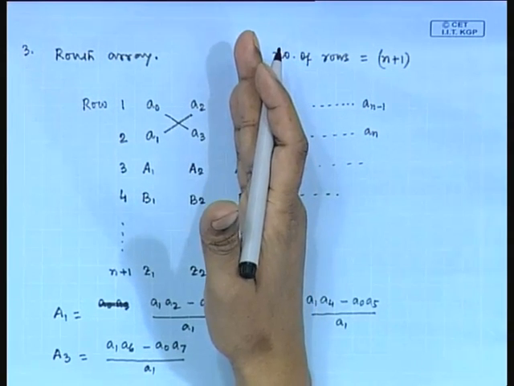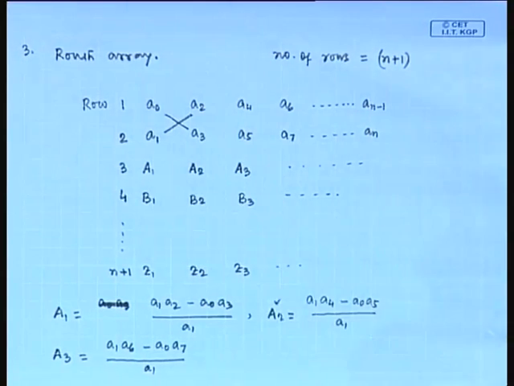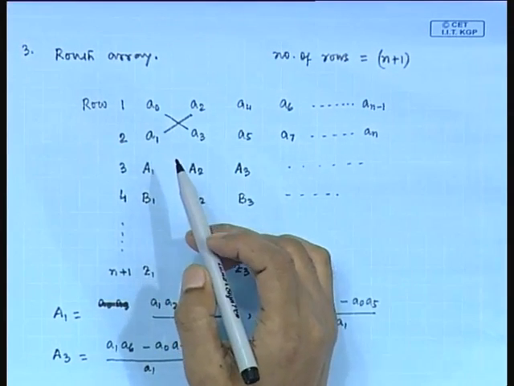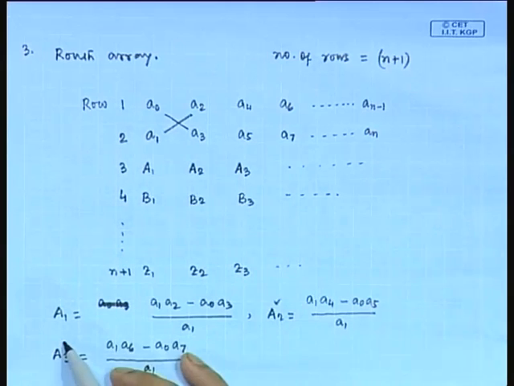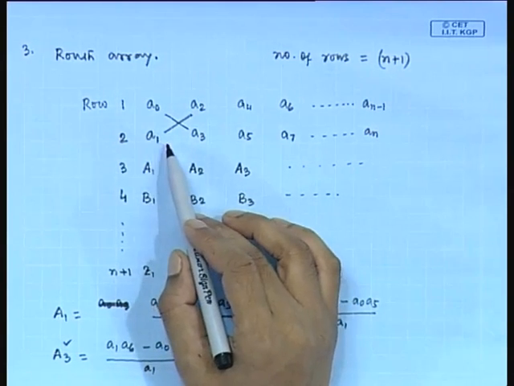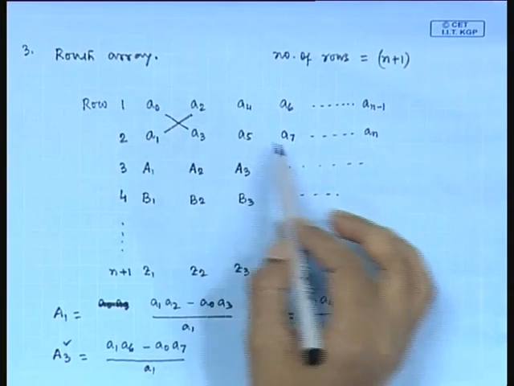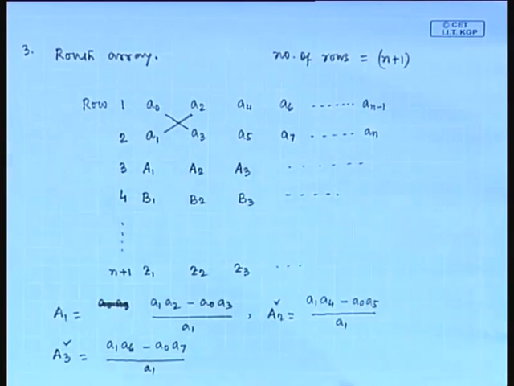So, you leave the elements of the third column and you start from the first column always. That is why A3 has the expression A1 A6 minus A0 A7 divided by A1. What will be the expression for B1 then?